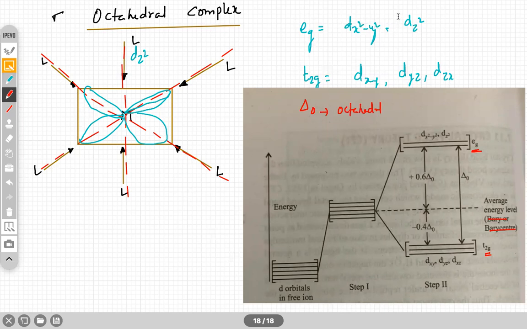Nothing in step 1. As the ligands are coming closer to the metal, the energy of the d orbitals slowly increases, reaches the maximum value, and then splits into two parts.